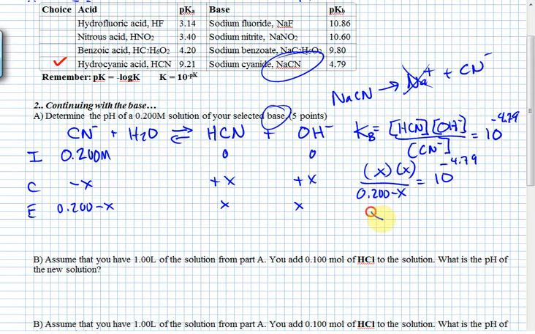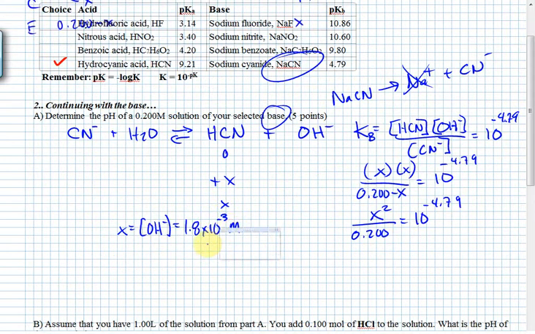Therefore, this simplifies to X squared over 0.200 equals 10 to the minus 4.79. You can all solve for X. When you solve for X, you find out that X, which is equal to the hydroxide ion concentration, is 1.8 times 10 to the minus 3 molar.